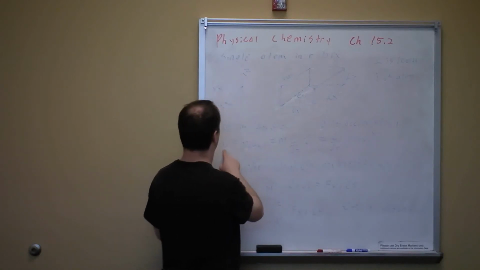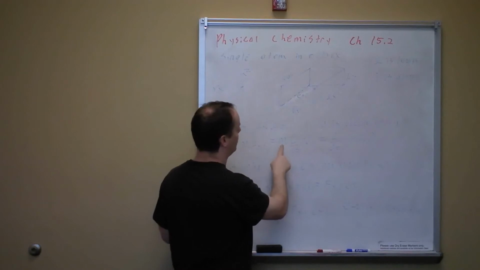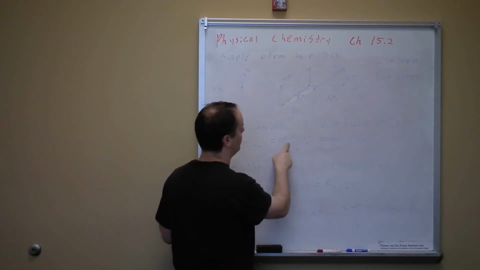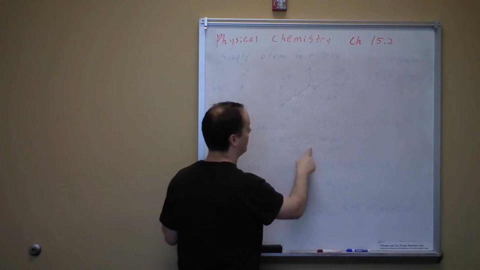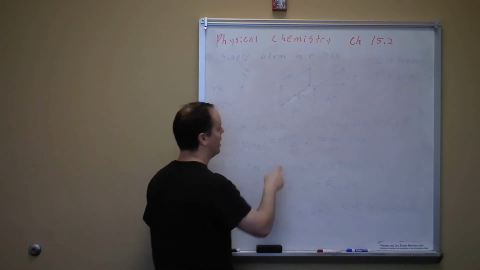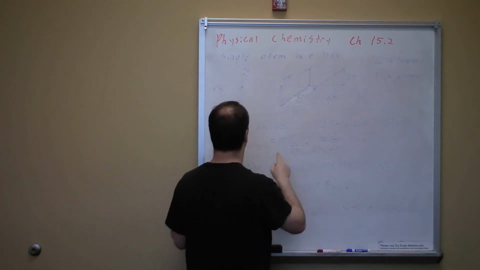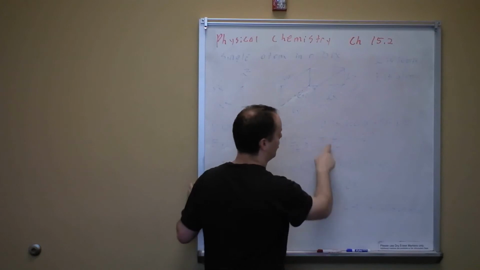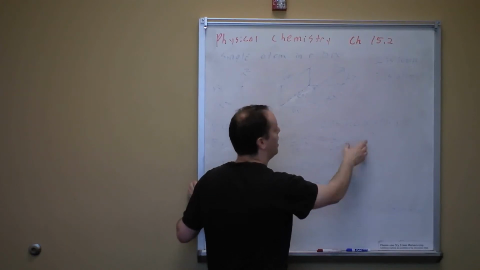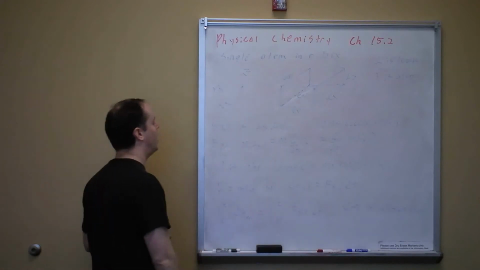So the y component of force of particle i is going to be the mass times the derivative with respect to t of the y component of velocity of that particle. Of course, mass is a constant, so it can go in and out of the derivative. So the y component of force is the derivative with respect to t of the mass times the y component of velocity of particle i.